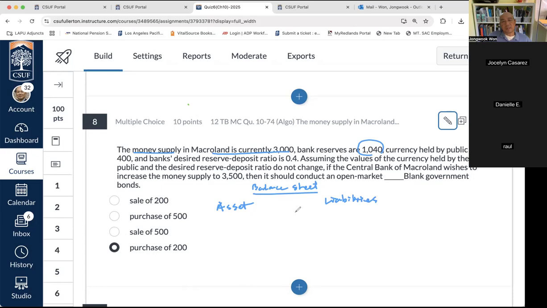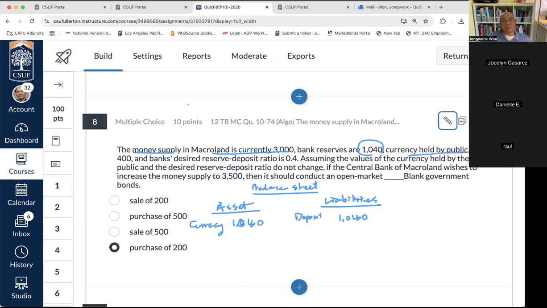So that's the deposit, liabilities, asset, and that's currency. So bank reserve is 1,040. Yes, reserve is 1,040.